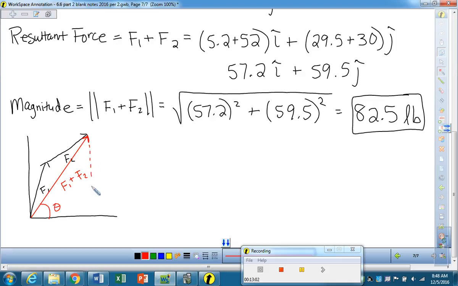If we make one big right triangle out of F1, F2, we have some information about the lengths of this triangle. The value in front of i of our resultant force represents the length in the A direction, the i direction across the x-axis, which is 57.2.